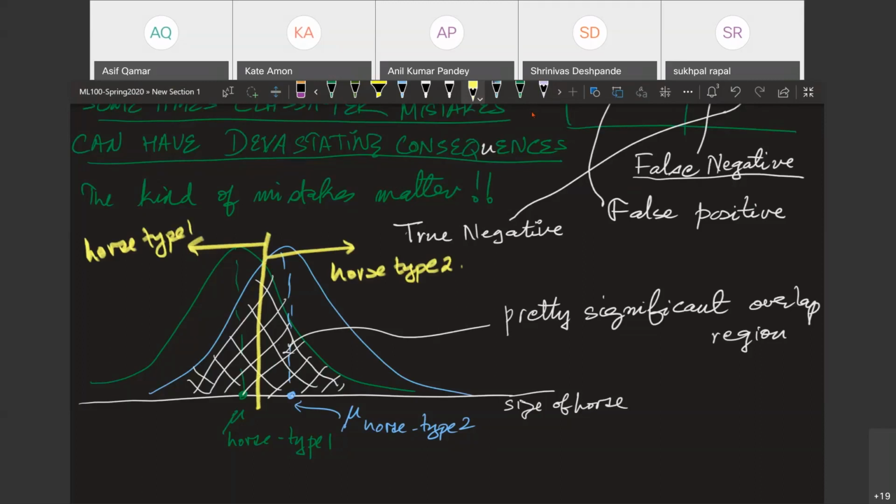So you will have a high error rate in this situation. So in discriminant analysis, the error rates show up geometrically as the degree of overlap between the two bell hills or bell curves.